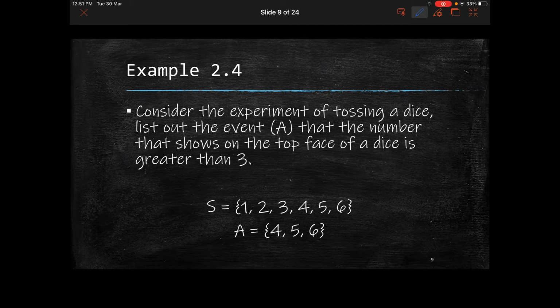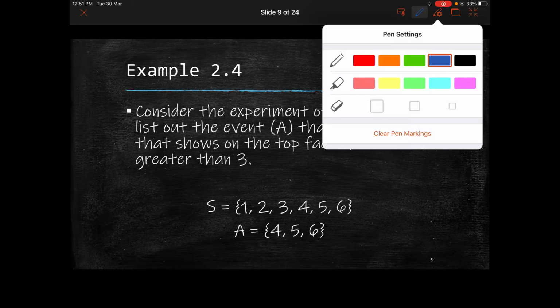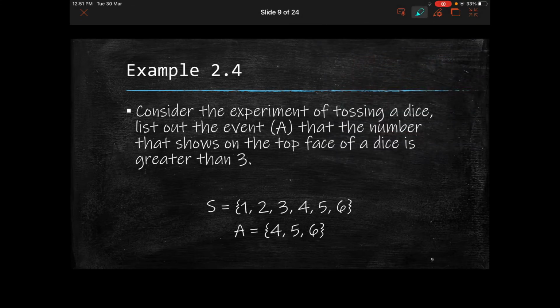Example 2.4. Specifically on tossing a dice, list down every number on the dice. One, 2, 3, 4, 5, and 6.